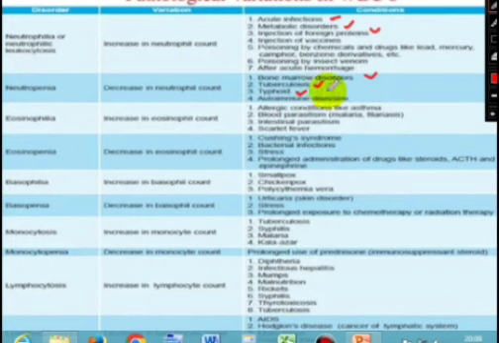Okay? So the next one is eosinophilia. What does it mean? Increase in eosinophil count. Okay? And that can occur in allergic conditions such as asthma. Alright?